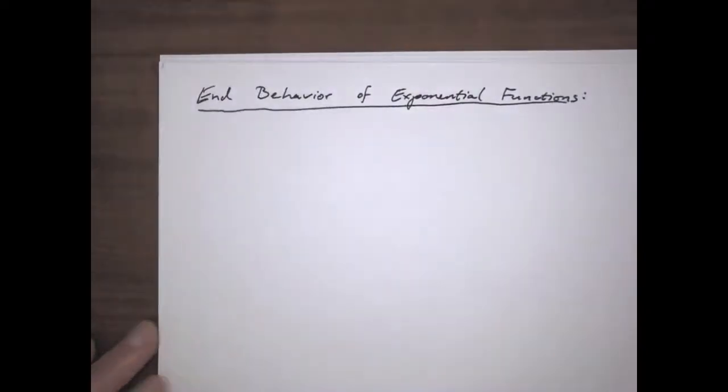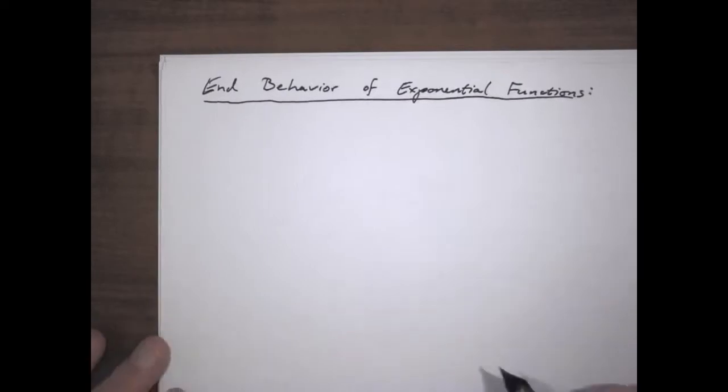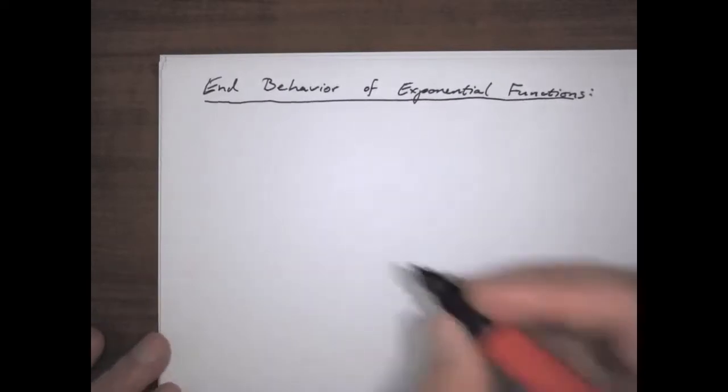So essentially what happens on each of these is that the horizontal asymptote is only one-sided. In the case of growth, it's going to the left. In the case of decay, it's going to the right.